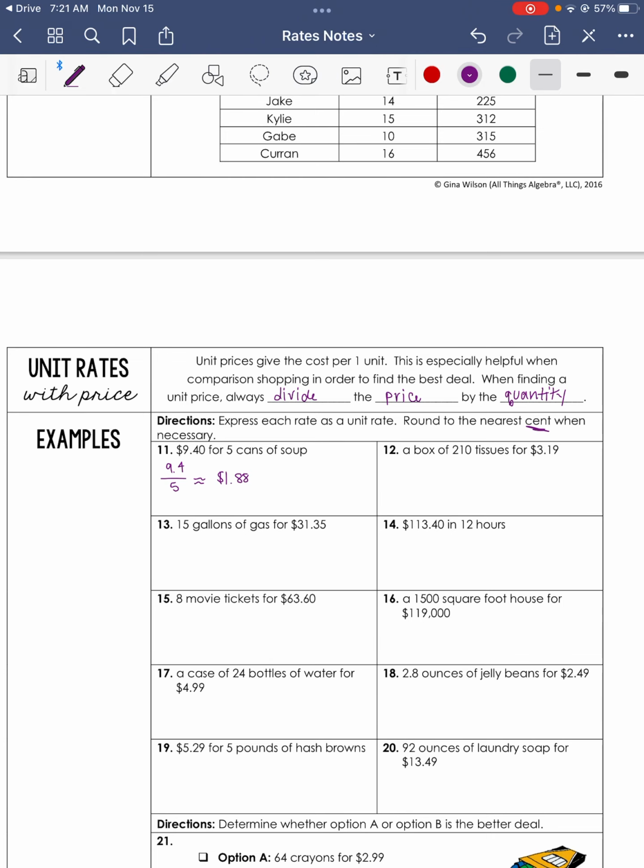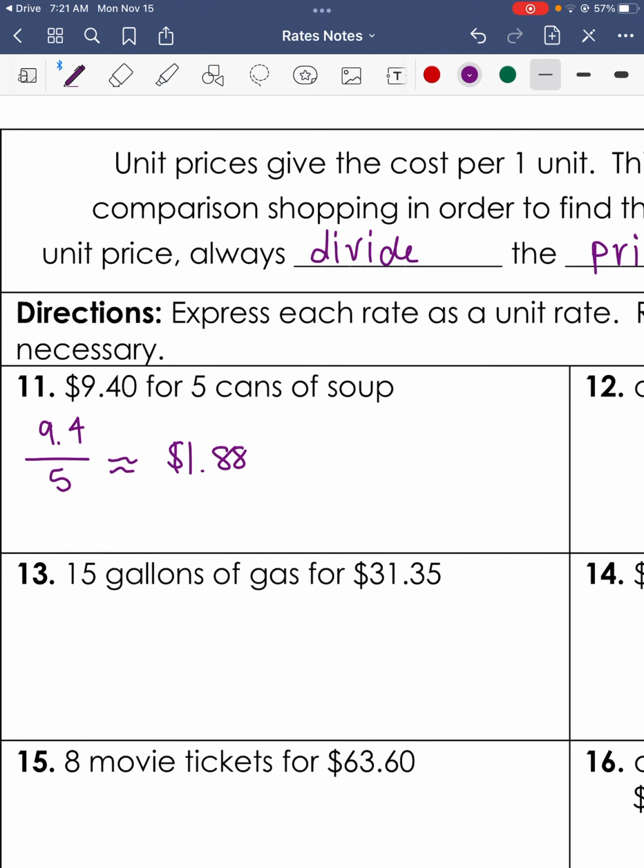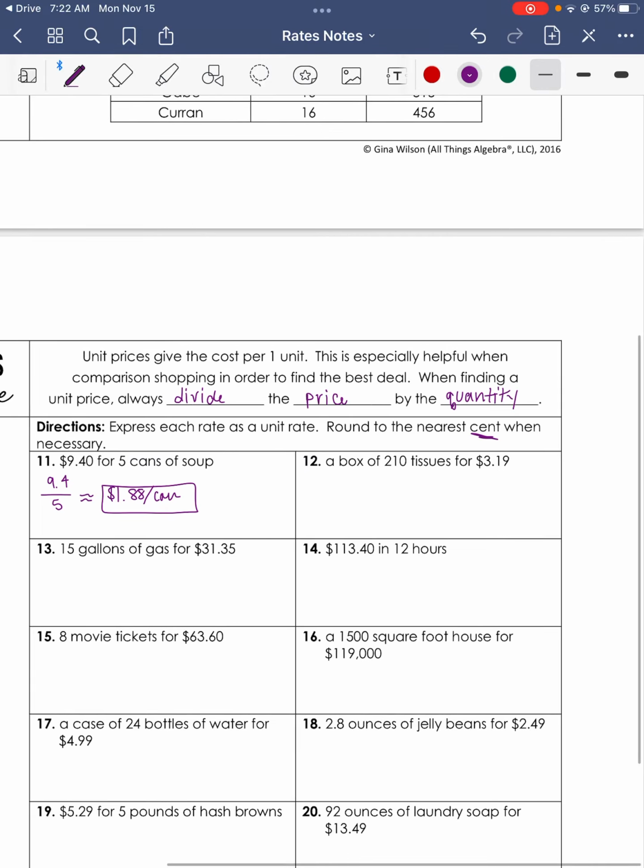Because we have 50 cents up to 99 cents. Okay, $1.88, and this unit is right here in the dollar sign. So we don't need to write another unit for the top. We just have $1.88, and then per can. Okay, and there is our final answer.